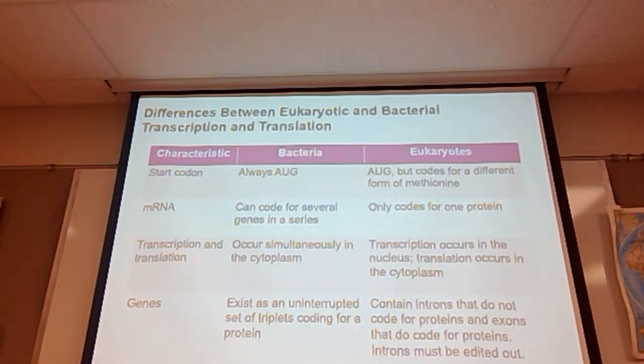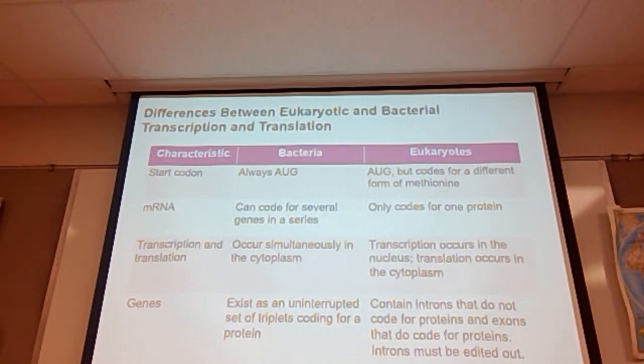Transcription and translation occur simultaneously in the cytoplasm, and this is what's going on in bacteria, by the way. This is a eukaryote. Transcription occurs in the nucleus. Translation occurs in the cytoplasm. Genes exist as an uninterrupted set of triplets coding for a protein within bacteria.